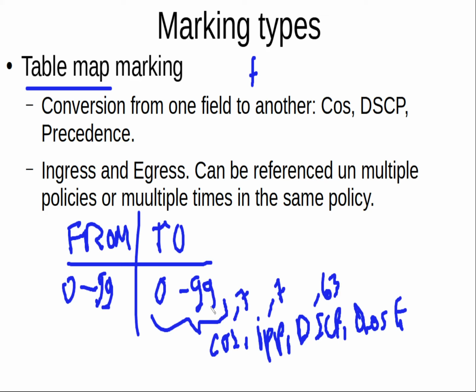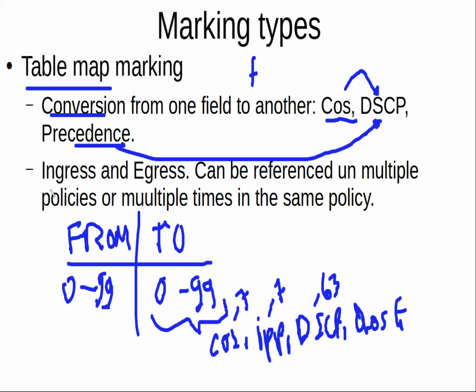So we can use these tables in order to map COS values to DSCP values, or IP precedence values to DSCP values. So we are able to jump from one type of marking to another with these conversion tables.